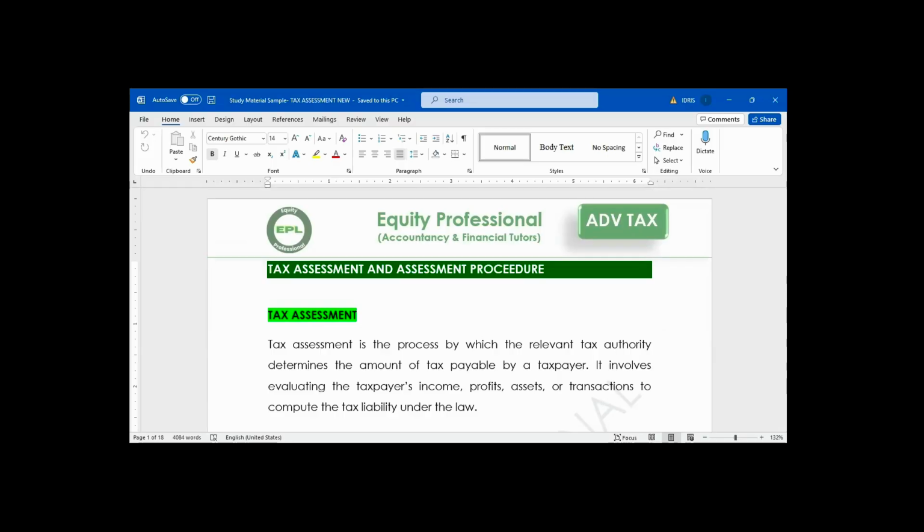Tax assessment is the process by which the relevant tax authority determines the amount of tax payable by a taxpayer. The process of evaluating the income, the profit, the transaction of the taxpayer with the purpose of computing their tax liability. It is called tax assessment.